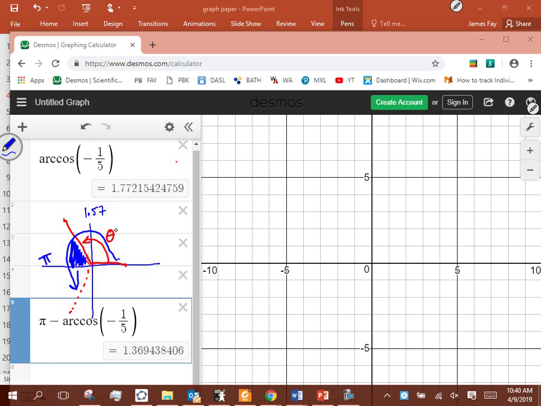Now, the reason I didn't just click this and copy it is I wanted the exact value. Okay, so there's no rounding in this. Because I'm going to take that number, and what am I going to do to that? So that number is this one here, right? That needs to be cut and pasted right there. Does that make sense? So how do I get this blue angle from here all the way to there? What should I add to this amount?